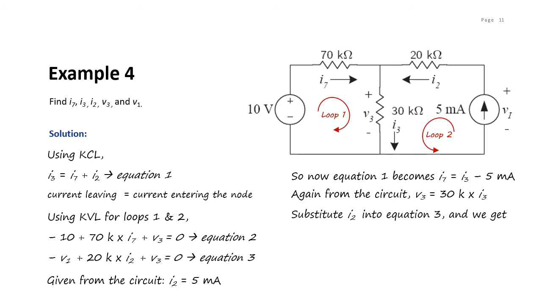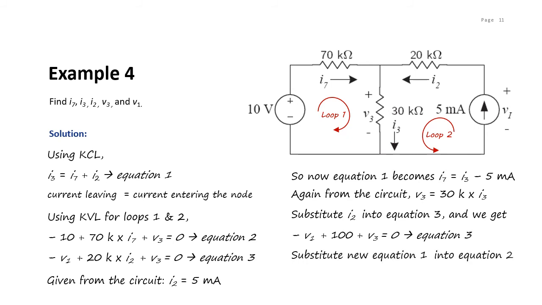Substitute I2 into equation 3 and we get minus V1 plus 100 plus V3, so let's update the third equation. Then substitute the new equation 1 into equation 2 and you will get minus 360 plus 70k multiplied with I3 plus V3 equals 0. This becomes your new equation 2.